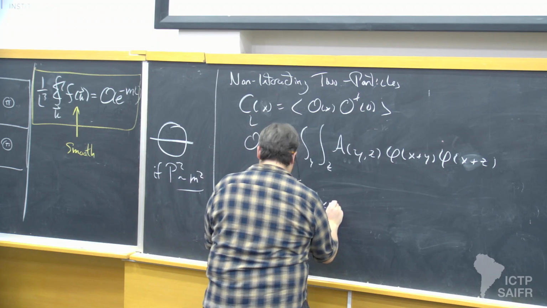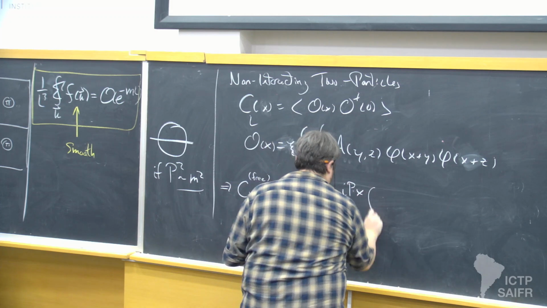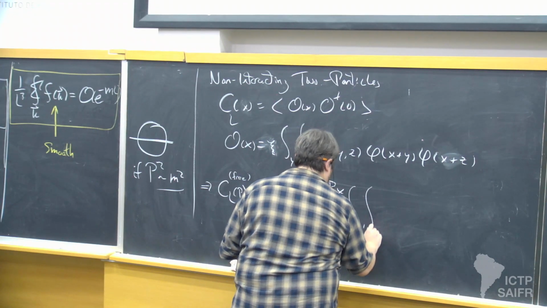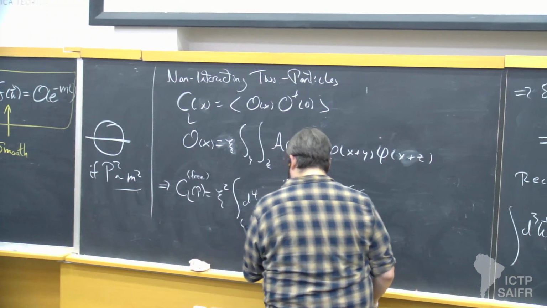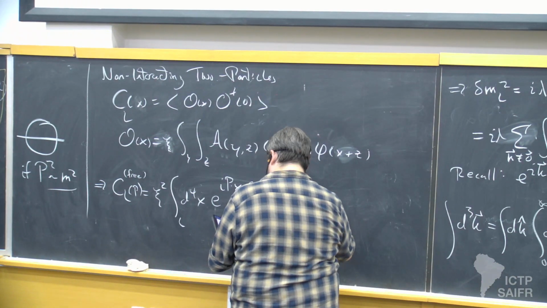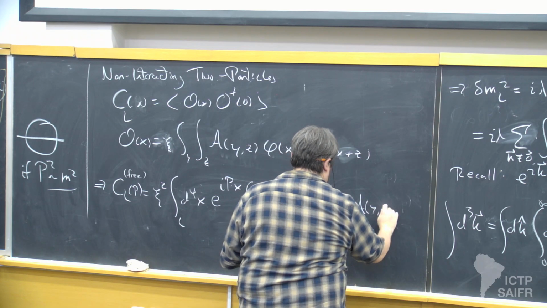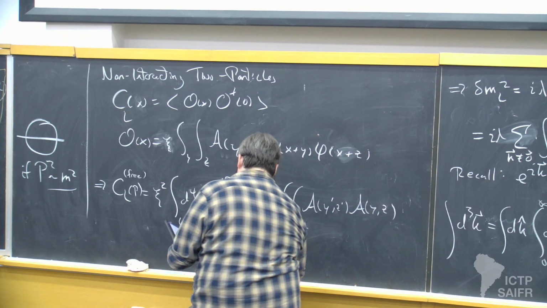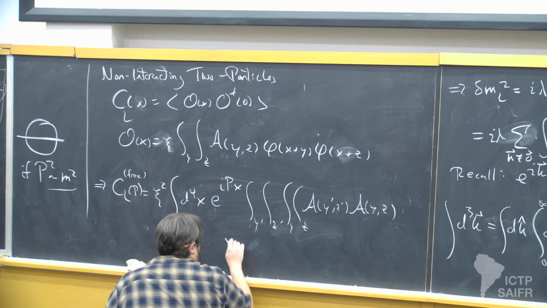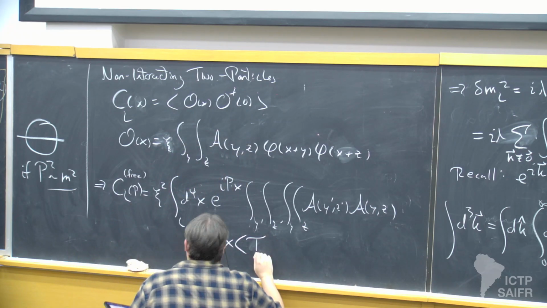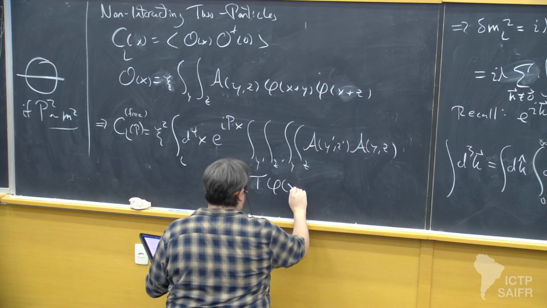So integral d⁴x, e to the i p dot x. I have 4 of these integrals, times the time ordering of these field operators phi.